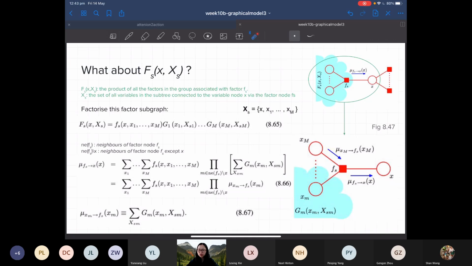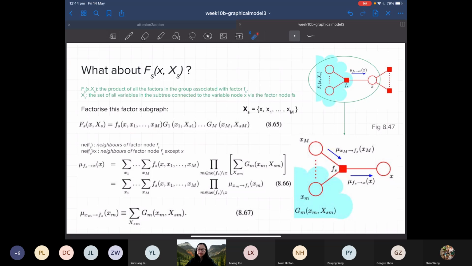If we look into this big F of S, it's a product of all the factors in that subtree. So we first pull out the root factor, which is little f sub s. Assume it's connected to m variables, x itself, and also x1 through x big M.